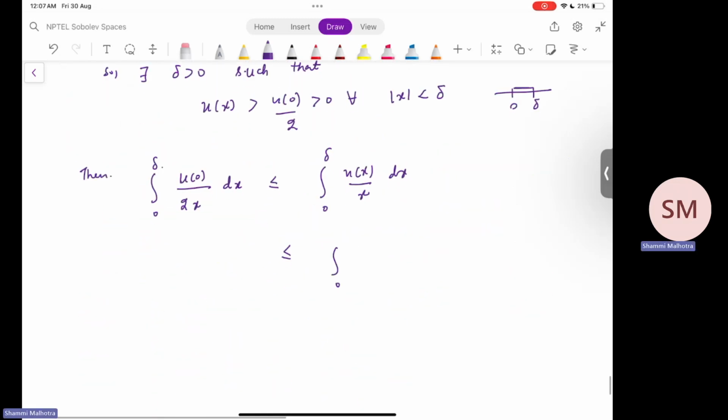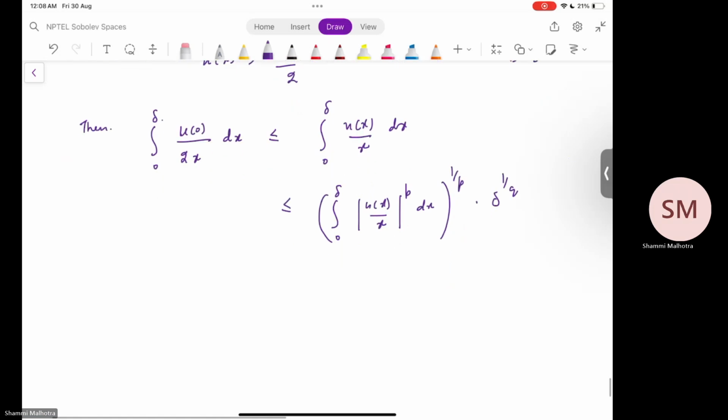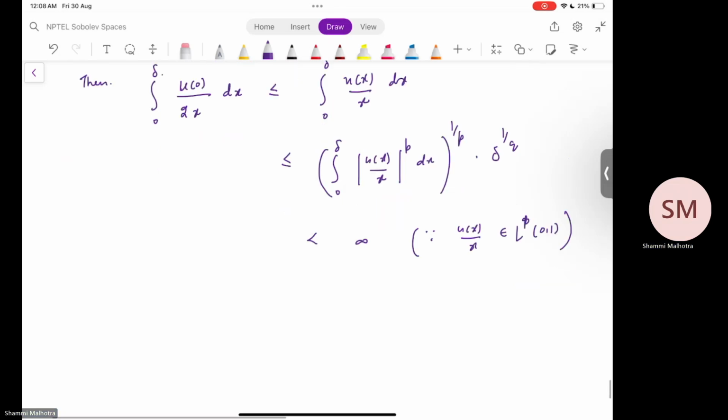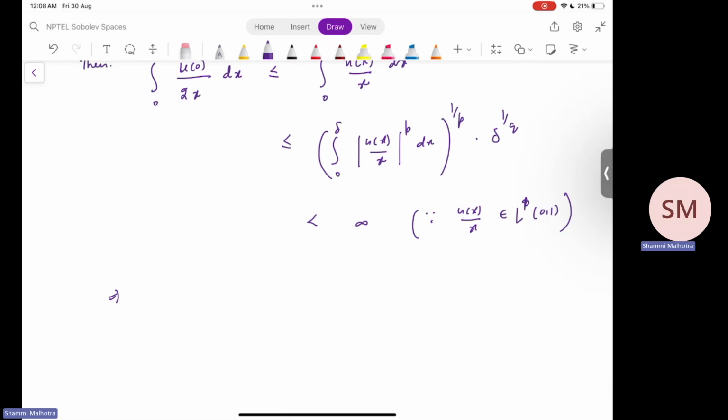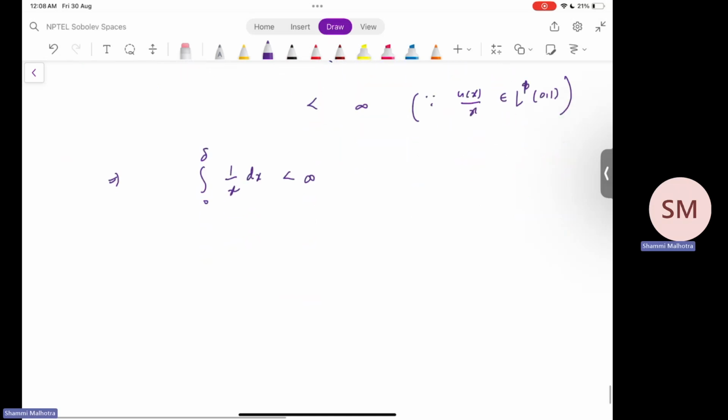So this is less than or equal to the integral from 0 to delta of |u(x)/x|^p dx to the power 1/p, times delta to the power 1/q. This is finite, since u(x)/x belongs to L^p(0,1). So this implies the integral from 0 to delta of 1/x dx is finite, but we know this is not the case, which is a contradiction.